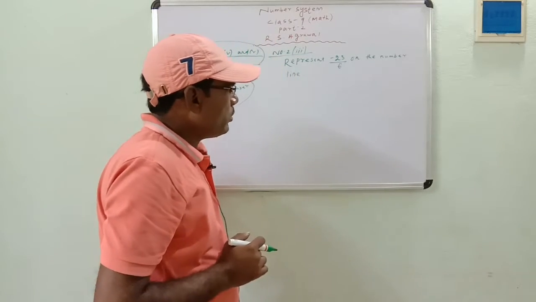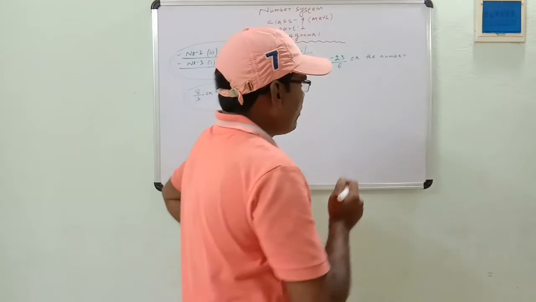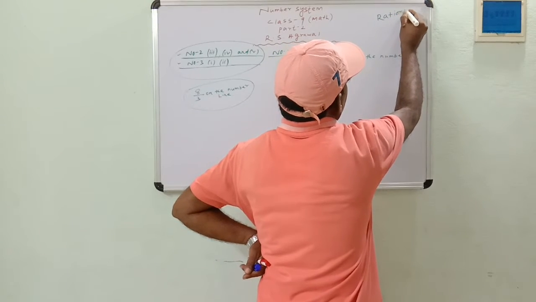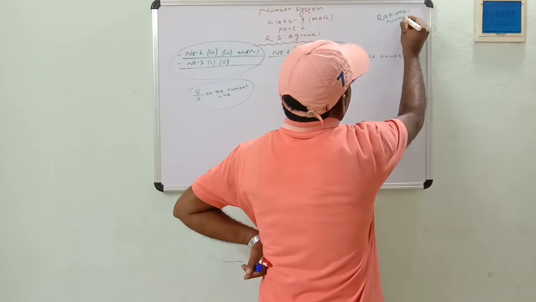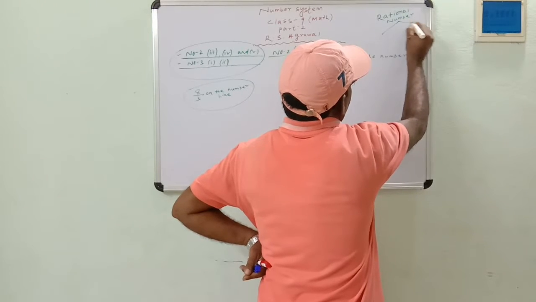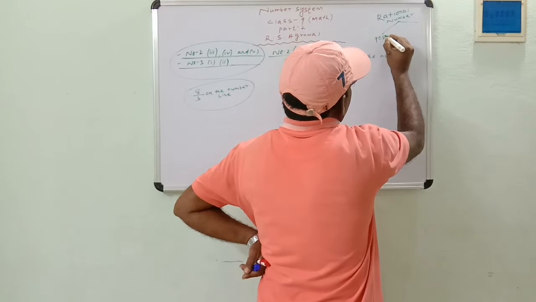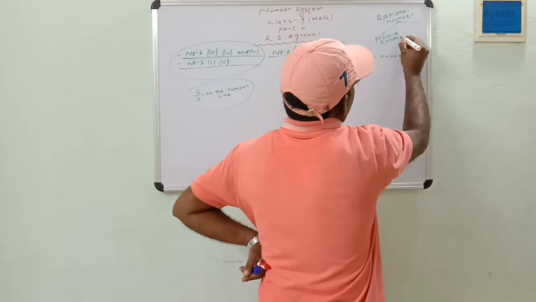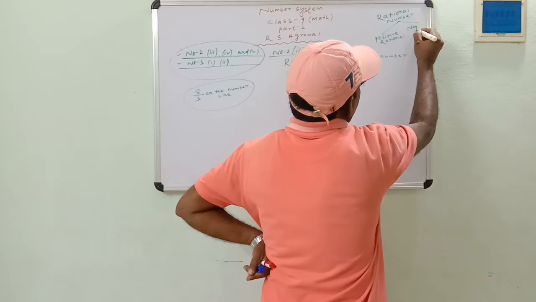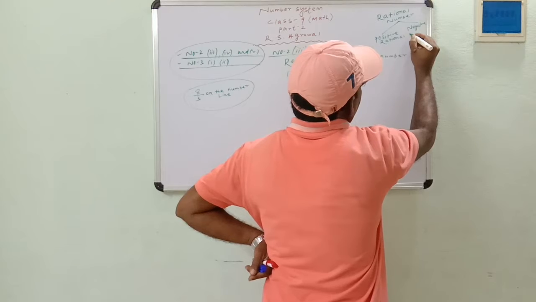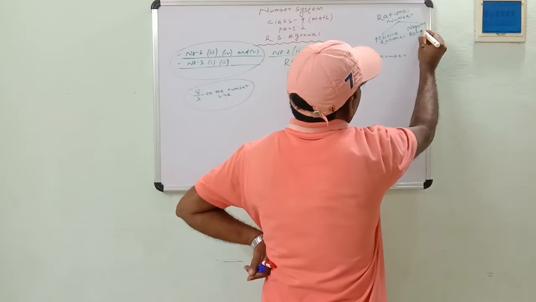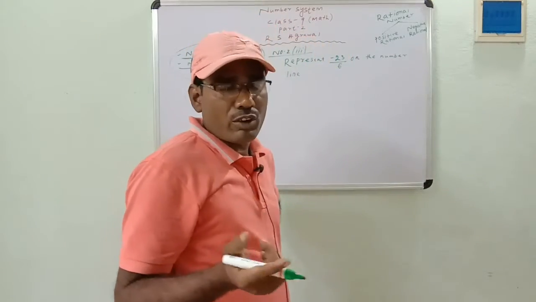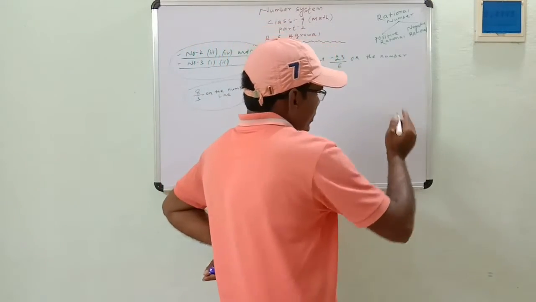I forgot to tell you yesterday that rational numbers are of 2 types. One is positive rational and the other is negative rational. But one thing you have to keep in your mind, that 0 is only a rational number.